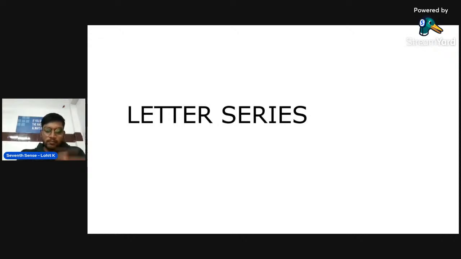First thing, in letter series, we need to play with the alphabets, right? Anyone can tell me how many alphabets there are? Generally, all the students know that there are 26 alphabets, from 1 to 26. The first letter is A and the last letter is Z, but you should remember the numbers of those letters.